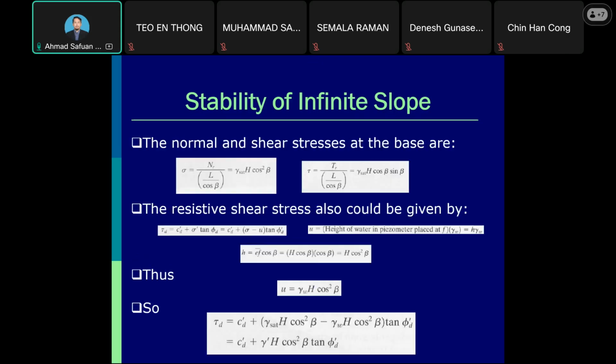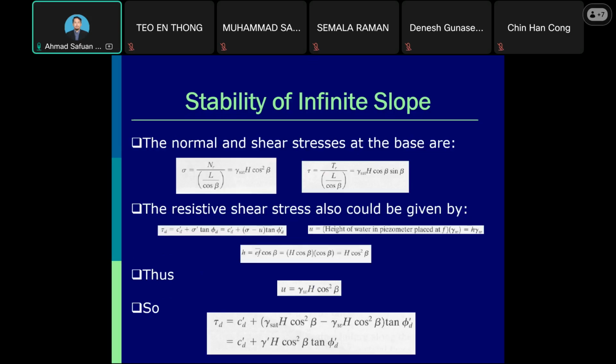So from the force, we derive it as a stress. Then we have a normal stress and a shear stress, or what we call the resistance or shear strength, and also the shear stress.